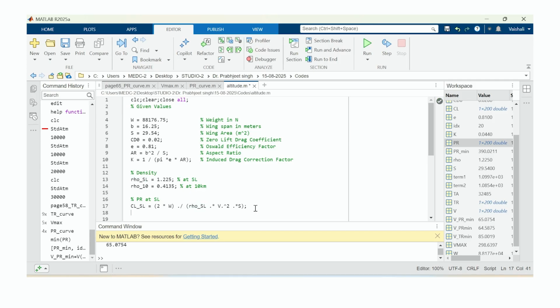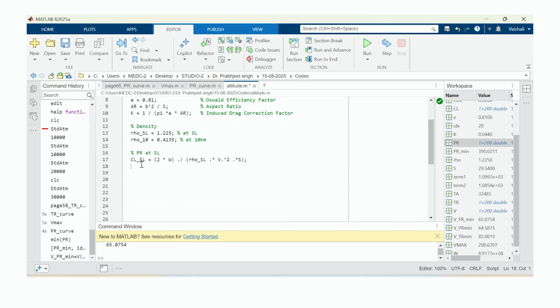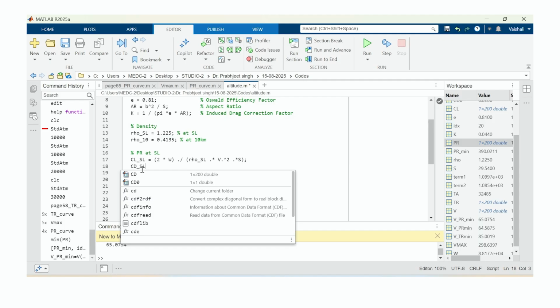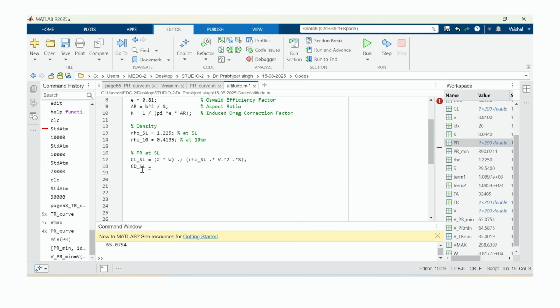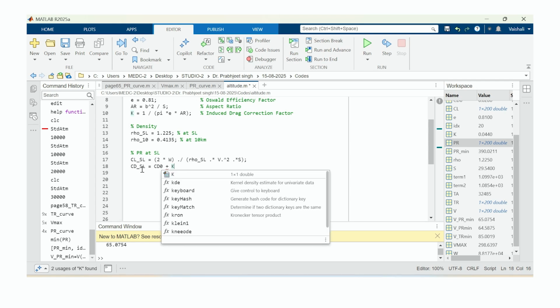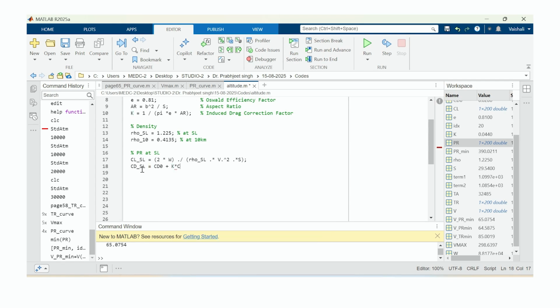Rest everything remains the same. Next, CD underscore SL equals CD naught plus K into CL square, that is CL underscore SL dot square.